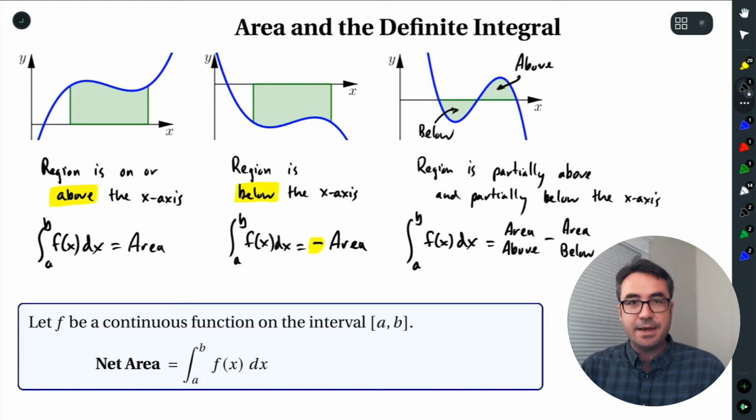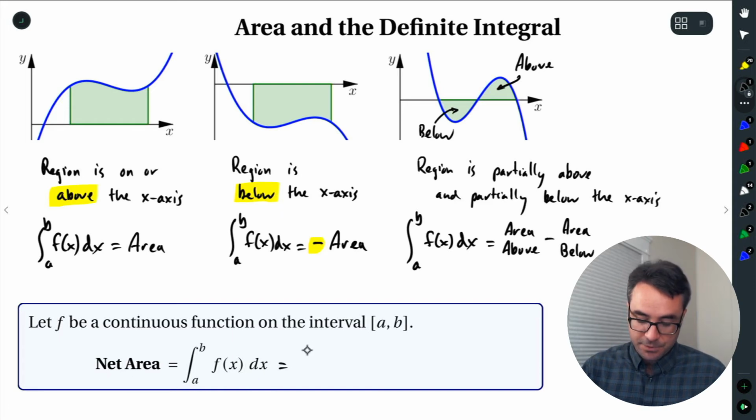We call this the net area. So if we generalize, if we let f be any continuous function on the closed interval from a to b, then this definite integral from a to b of f of x dx represents the net area. So it's the area above the x-axis minus the area below the x-axis.